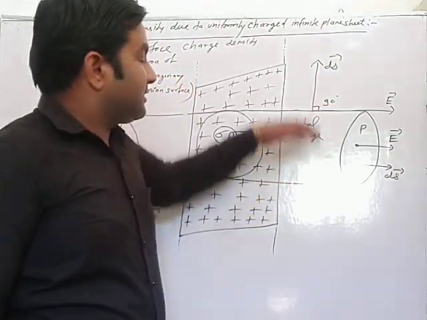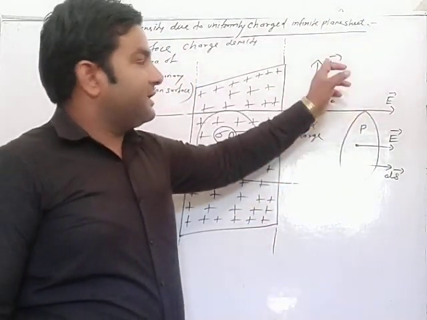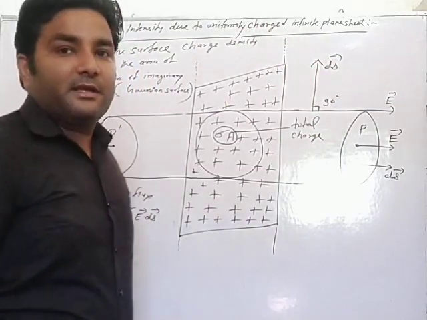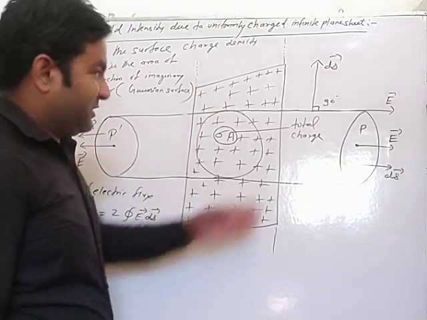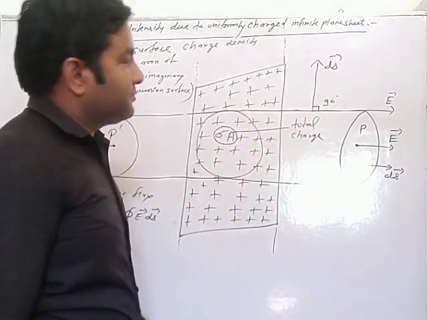Because E and area vector ds make an angle of 90 degrees, cos 90 will be 0, so there is no flux through the curved surface area.